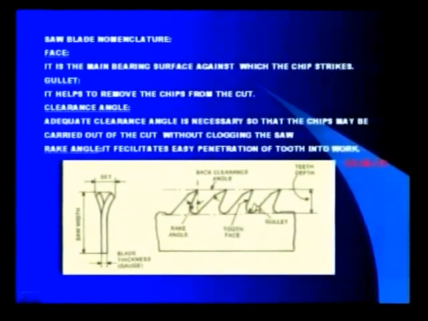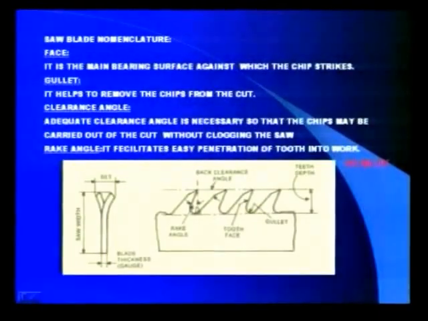It helps to remove the chips from the cut. Clearance angle. The adequate clearance angle is necessary so that the chips may be carried out of the cut without clogging the saw. Rake angle. It facilitates easy penetration of tooth into work.